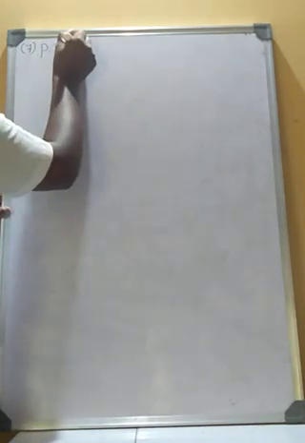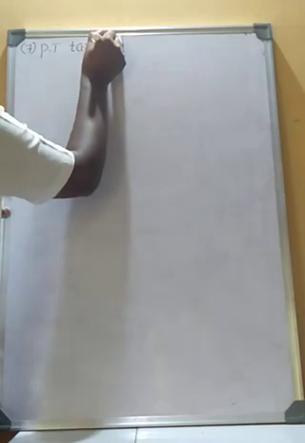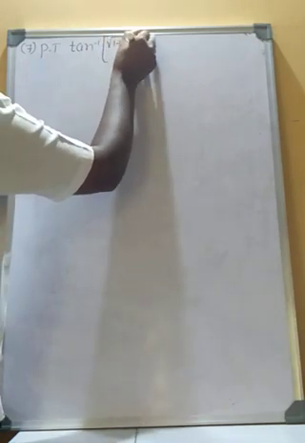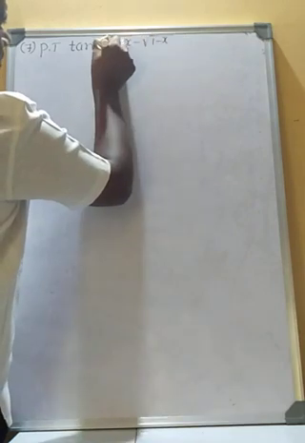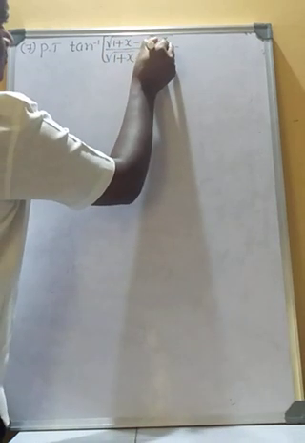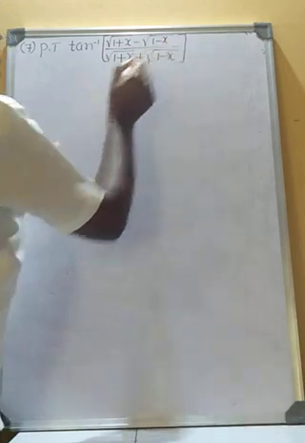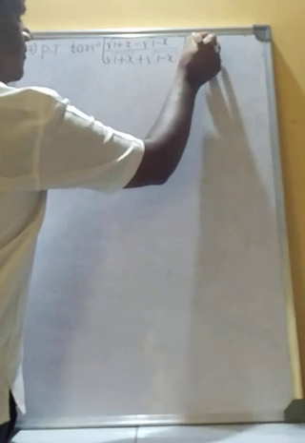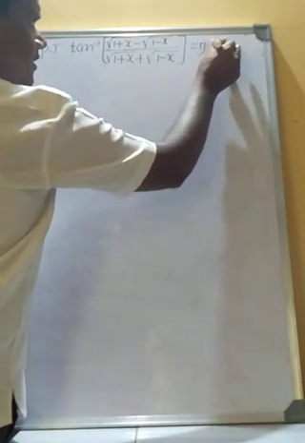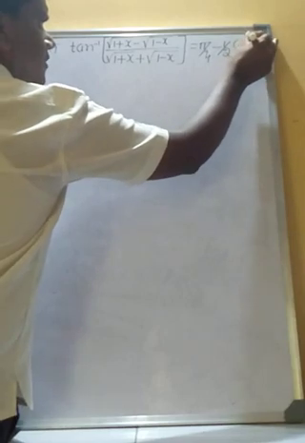The next one more example. Prove that tan inverse of (square root of 1 plus x minus square root of 1 minus x) dividing by (root of 1 plus x plus root of 1 minus x) equals pi by 4 minus 1 divided by 2 cos inverse x.